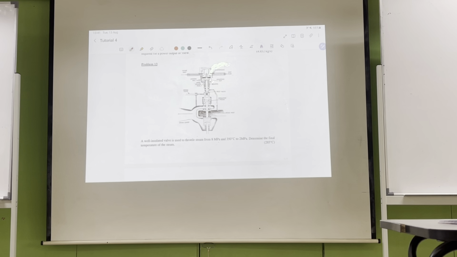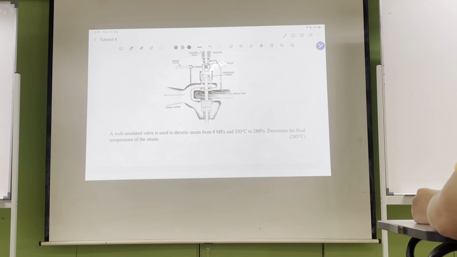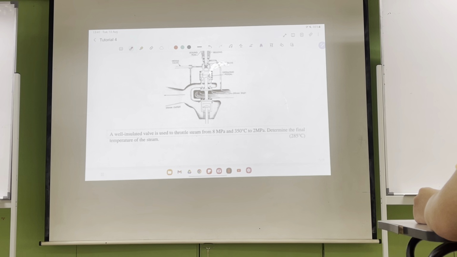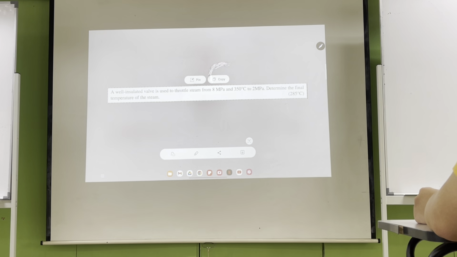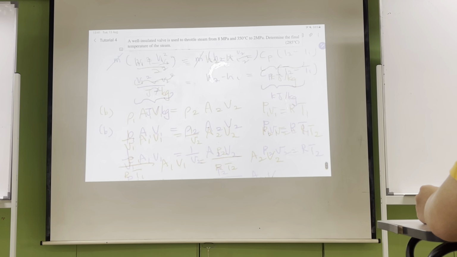So a well-insulated valve, let me zoom in a bit, is used to throttle steam from 8 megapascal and 350 degrees Celsius to 2 megapascal. Determine the final temperature of the steam. The diagram is actually not necessary in this case.